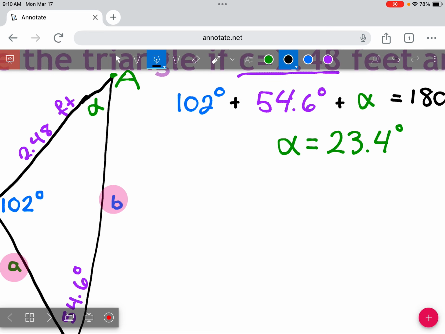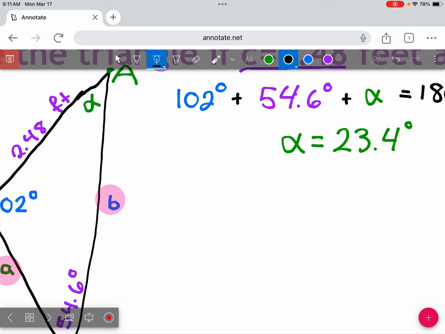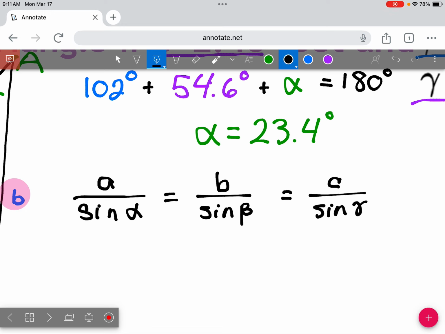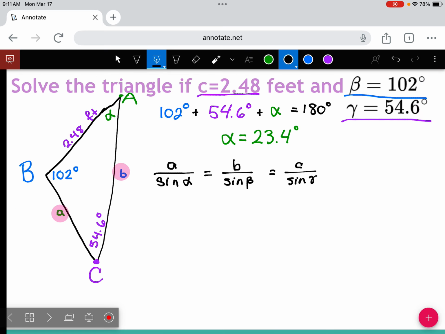The relationship is the same from side A over sine of alpha, to b over sine of beta, and c over sine of gamma. These relationships are the same. We are never going to do all three at the same time, ever. We're going to pick the two that we want to work with.